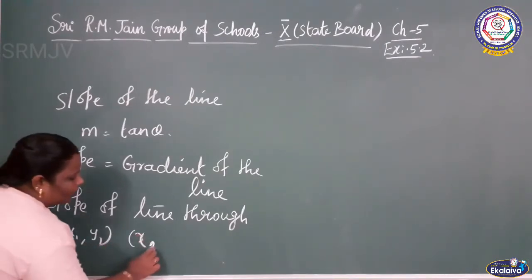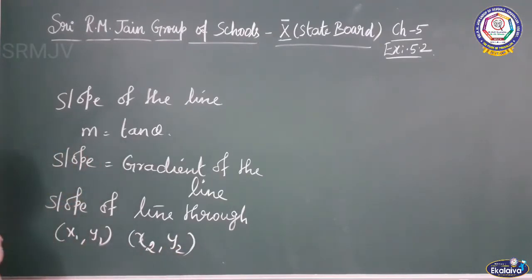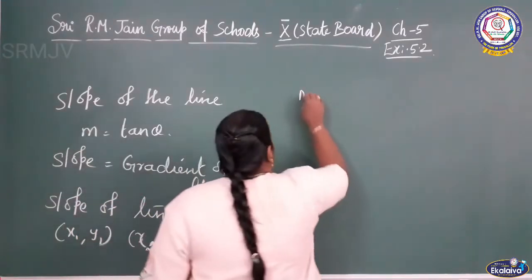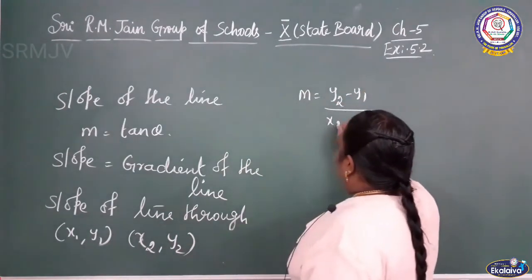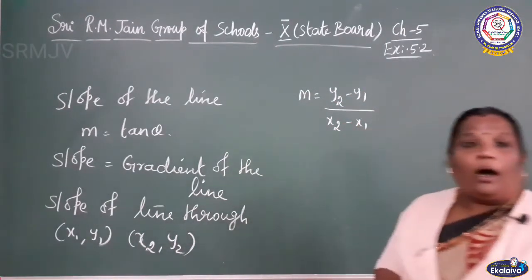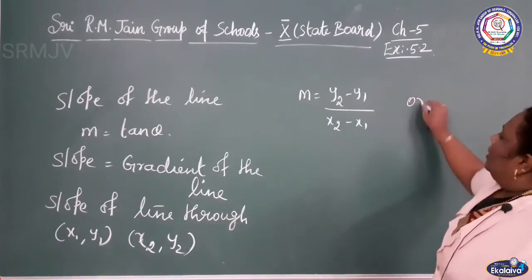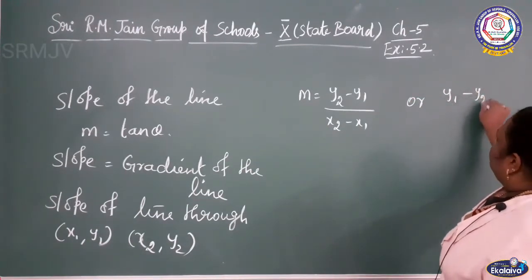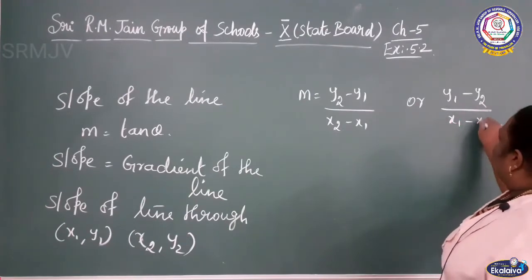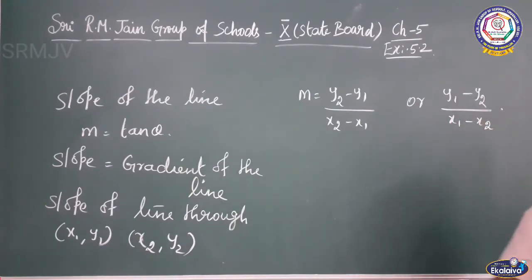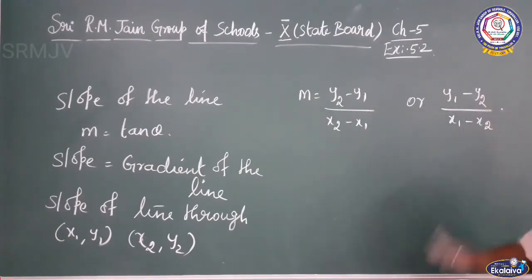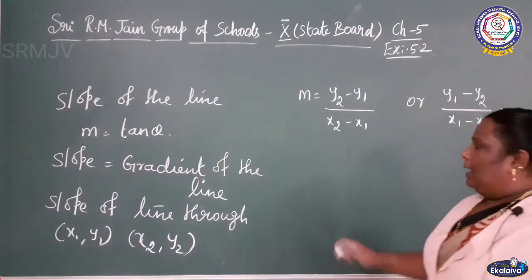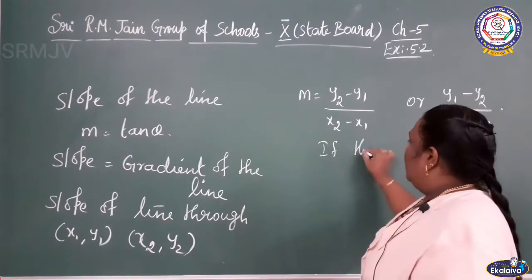What is the slope? m equals y2 minus y1 by x2 minus x1, or you can write y1 minus y2 by x1 minus x2. Either you can choose one of these.